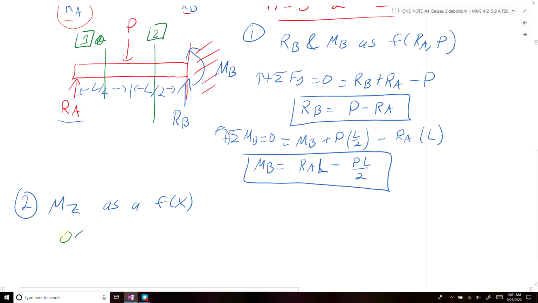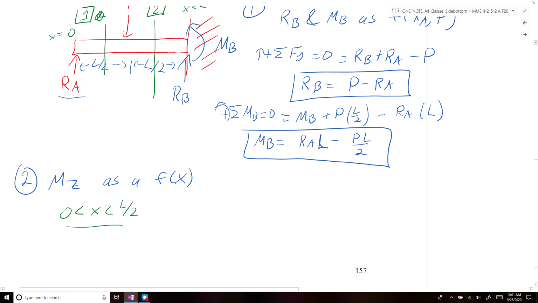For x between 0 and L over 2, where x is 0 at the left end, if we take a section cut there and sum the moments about a point, setting it equal to 0, we get Mz of x minus RA times x. So Mz of x is equal to RA x.